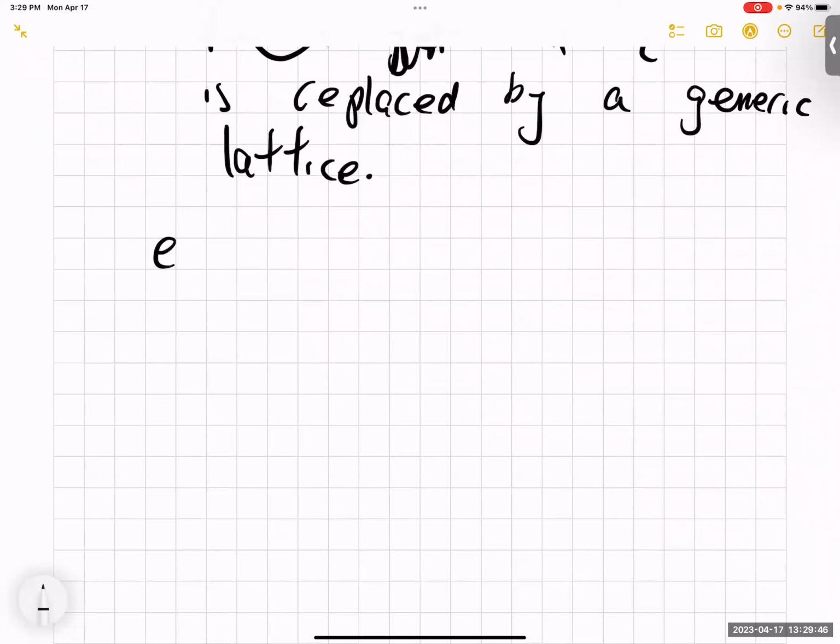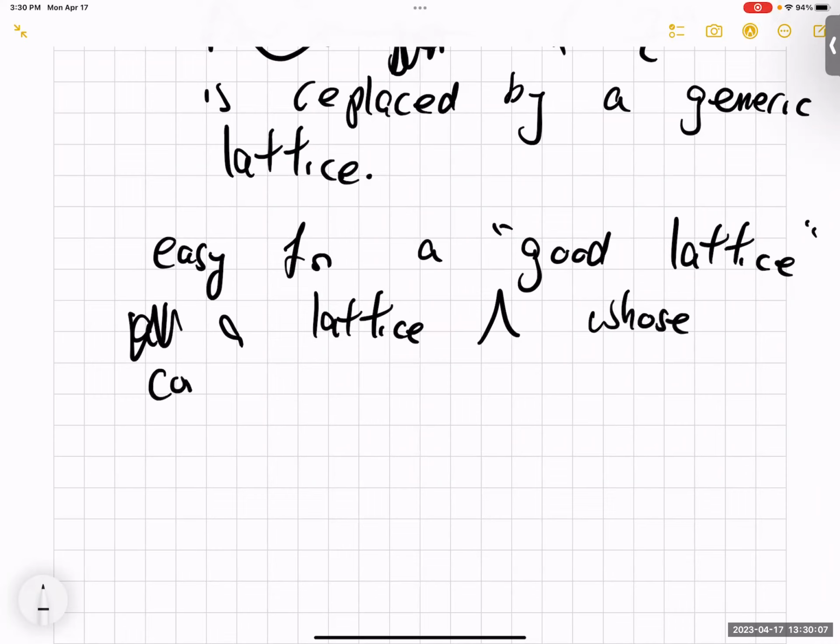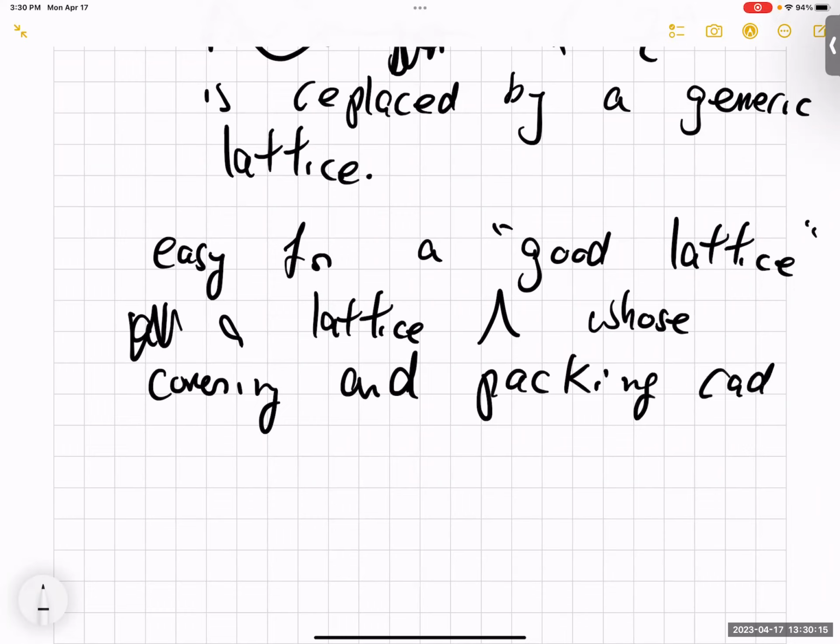So it's easy for a good lattice, and by that I mean a lattice lambda whose covering and packing radii are proportional, within a constant of each other.